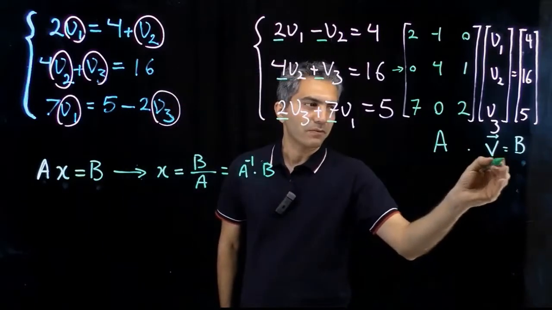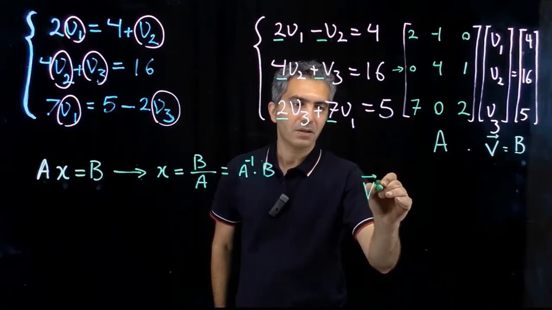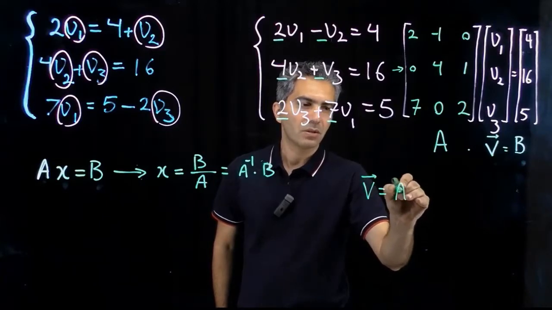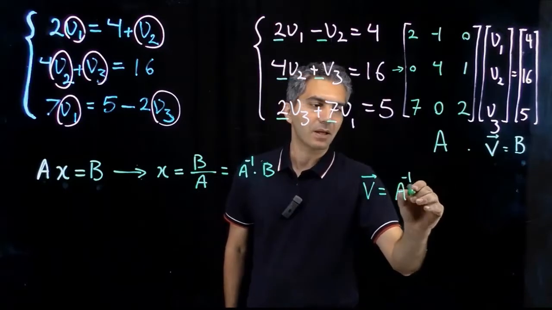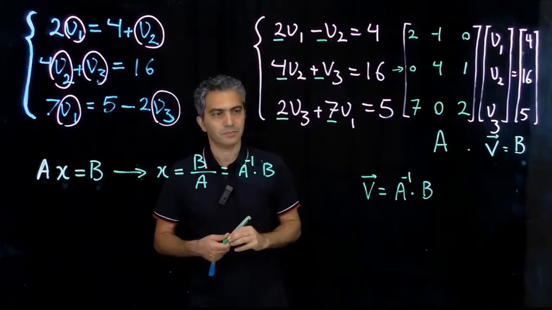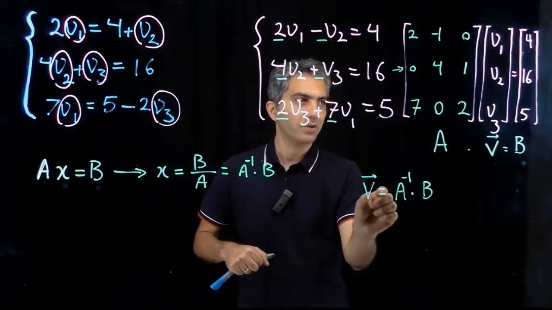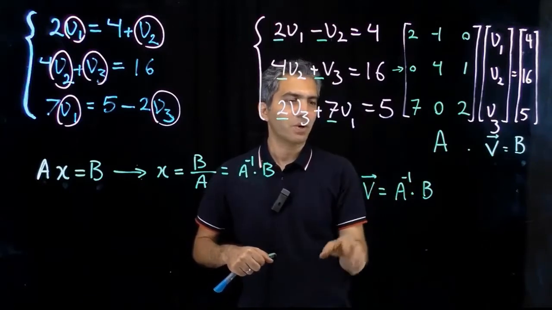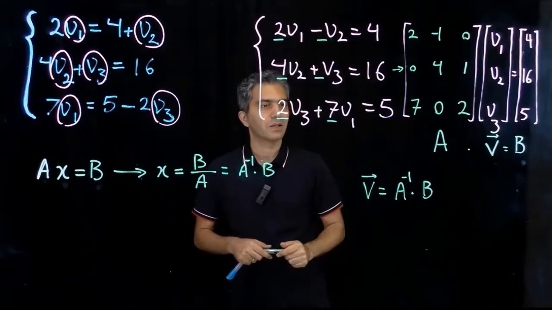In other words, if that's the equation that you have, the vector V is still equal to the inverse of matrix A, in this case, multiplied by vector B. And once you have done this, you get one vector, and a 1-to-1 correspondency is going to give you all the values for v1, v2, and v3.